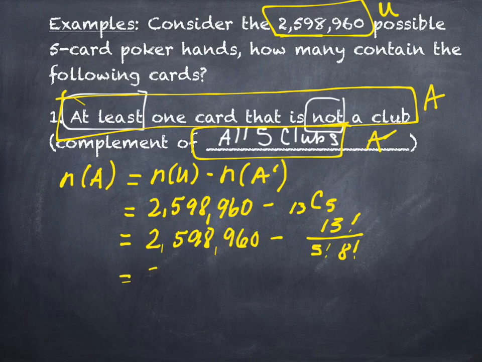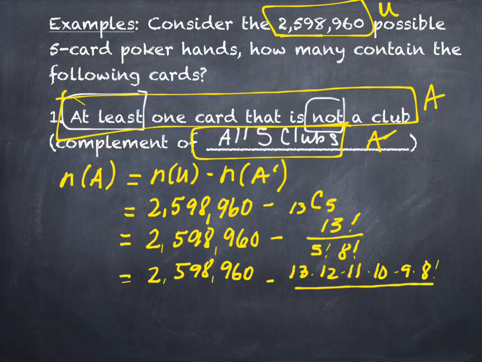Okay, great. So I still have my 2,598,960. And we're going to find this piece here right now. So I'm going to write the 13 out till I get to what? 8. So I have 13, 12, 11, 10, 9, and 8 factorial. There's my 8 factorial. And I have 5, 4, 3, 2, and 1.